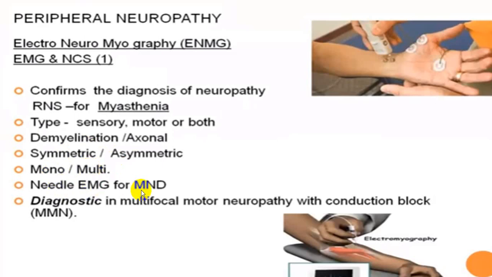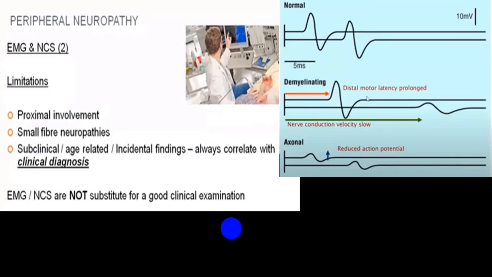Needle EMG is required for motor neuron disease and even for diagnosis of multifocal motor neuropathy with conduction blocks. These are the different conditions where you will require EMG with nerve conduction study, and when you do both together, it is called ENMG.